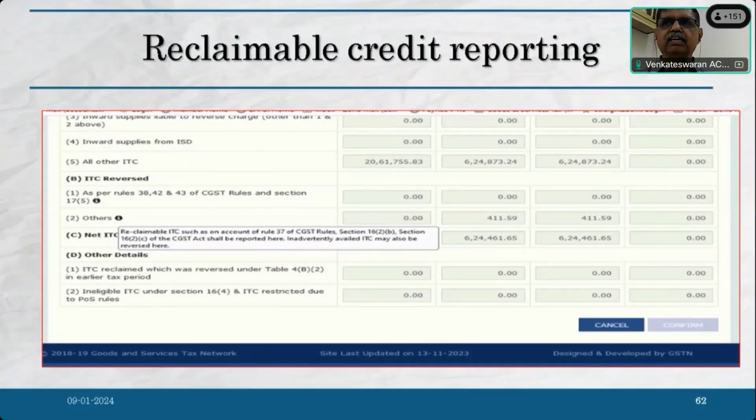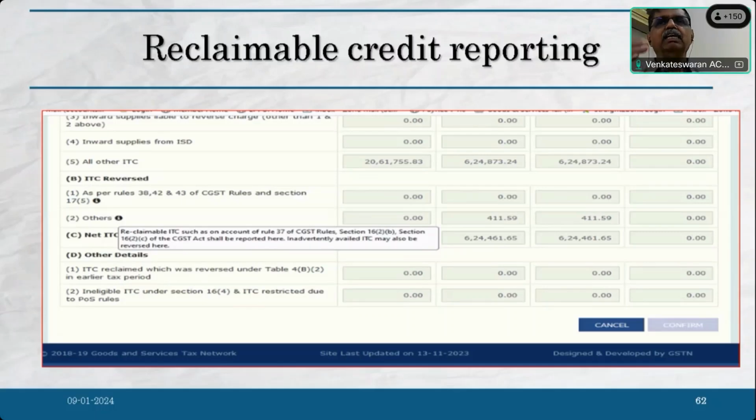So these three are becoming a very cumbersome procedure. Not cumbersome, it is more a requirement for the compliances. So here, if you are not mentioning the reclaimable credit reporting, earlier the reclaiming opening balance was up to 31st December.